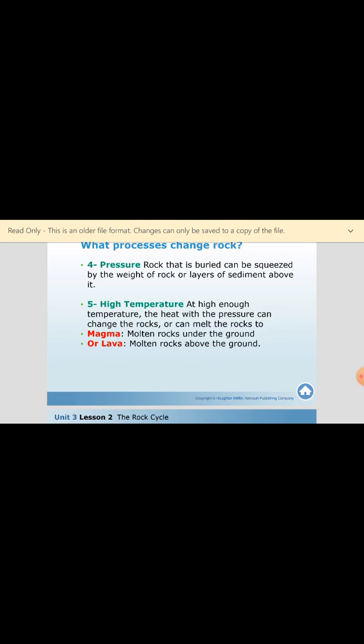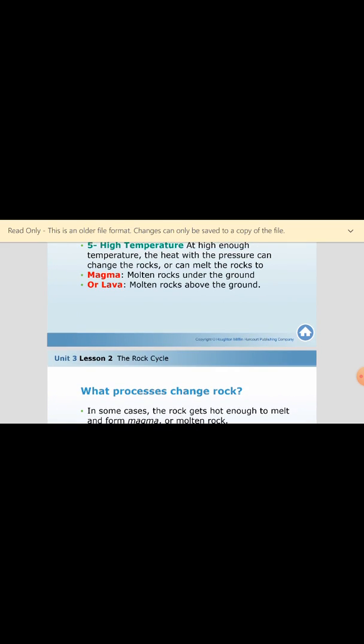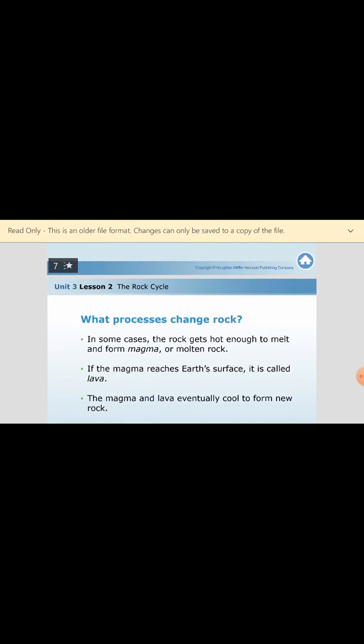If the magma comes above the ground by the eruption of a volcano, it is called lava. So study it like this: magma is the molten rock under the ground, and lava is the molten rock above the ground that comes after a volcano. So like this, we studied the five main processes that change and form the rocks.